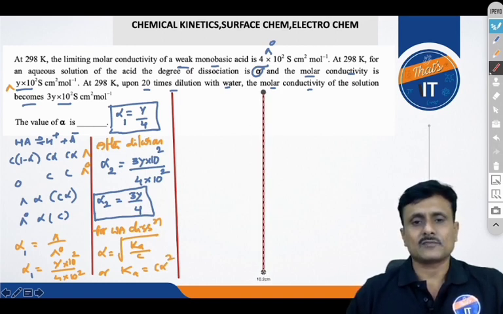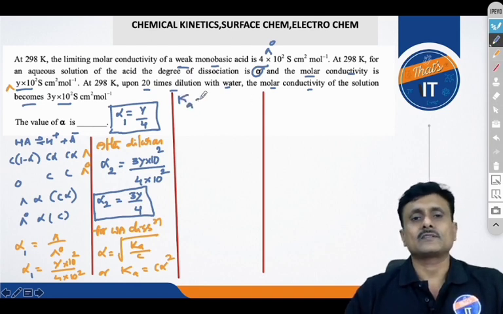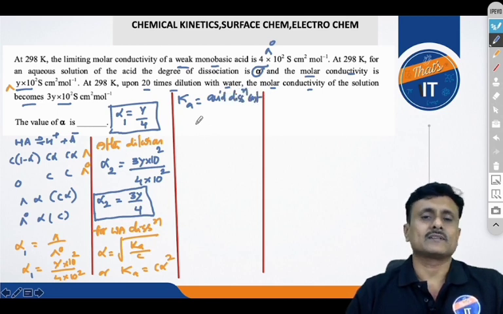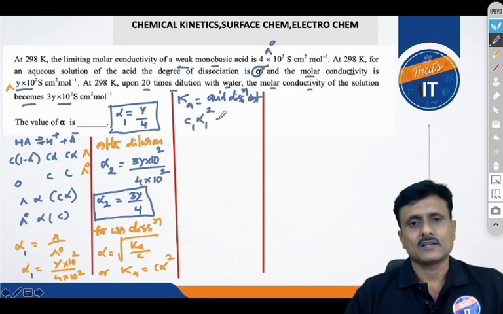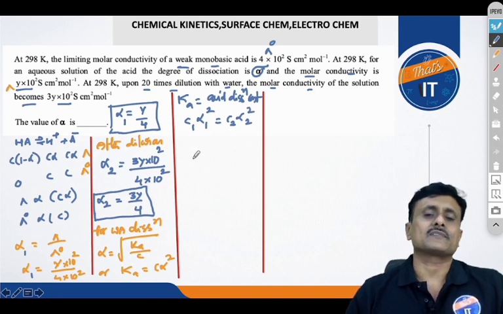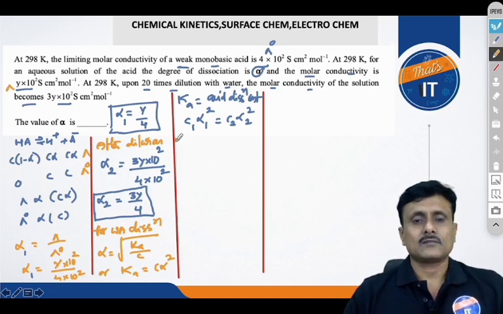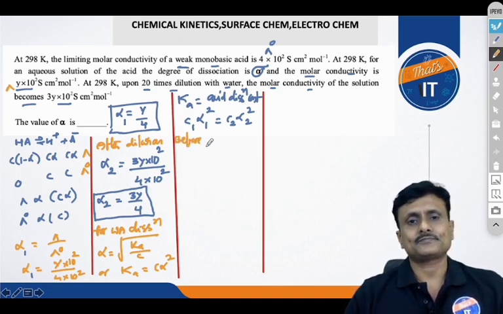So when Ka is constant, upon dilution it doesn't get affected. C1 alpha 1 square equals C2 alpha 2 square, because C1 and C2 are the concentrations of the solution before dilution and after dilution, right?